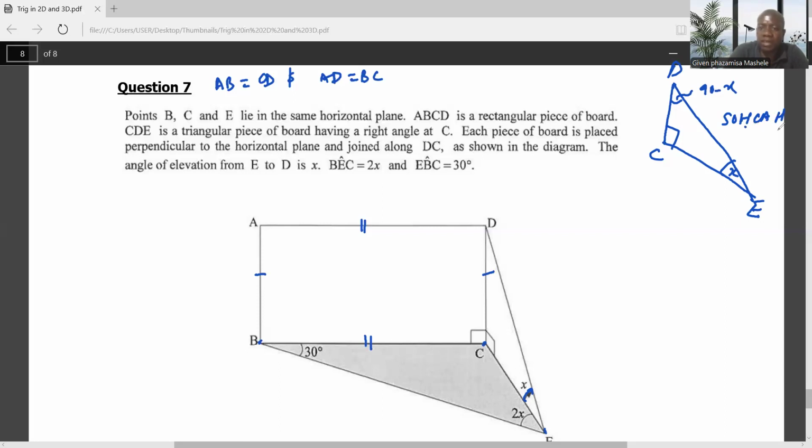The second one, here, the second triangle. We need to get all the information in the triangle. So there's B, there's C, and there's E. What is the angle here, guys? 2X. What is the angle there? 30. So it means you can get this one.